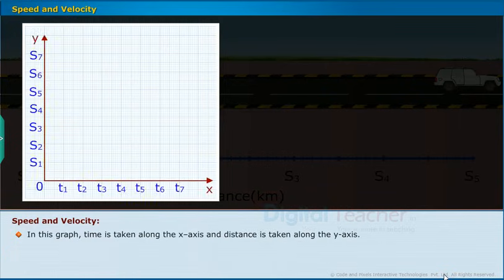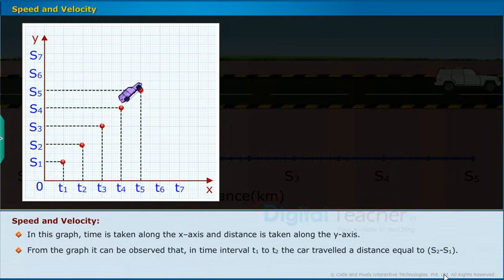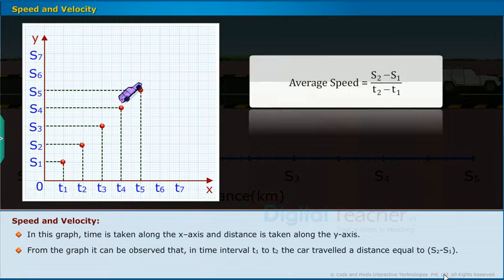In this graph, time is taken along the x-axis and distance is taken along the y-axis. From the graph, it can be observed that in the time interval t1 to t2, the car traveled a distance equal to s2 minus s1. Then the average speed of the car is (s2 minus s1) by (t2 minus t1).